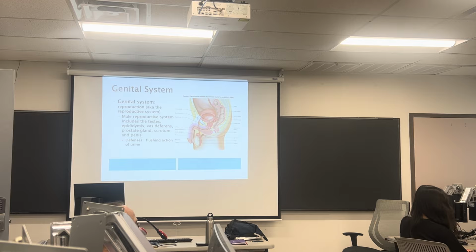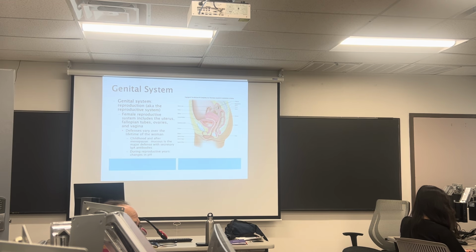All of the reproductive structures of a male can be infected: the penis, the testes, the seminal vesicles, the vas, the prostate, right? And then for females, all of the structures can be infected, right? So now you're looking at the ovaries, the fallopian tubes, the vagina, the cervix, and the uterus, right? And so it's pretty important to think about that.